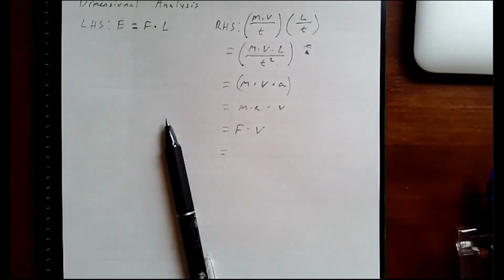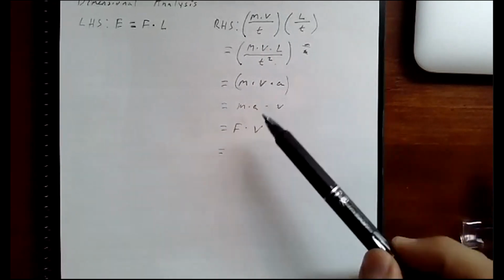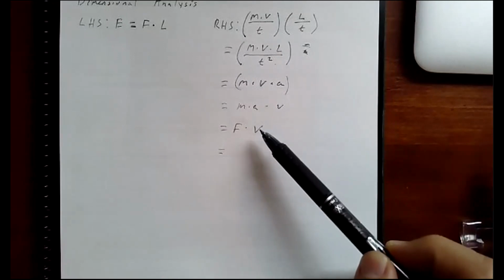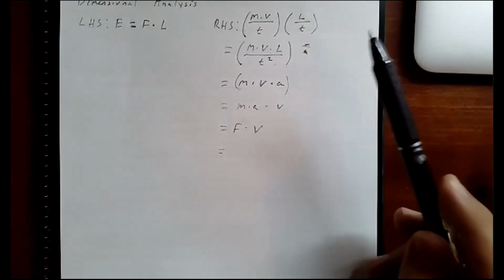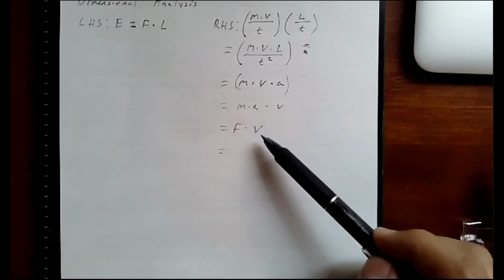But there's no way that's going to work, because this V shouldn't be there. If it was just M over T, then you'd be fine. Because let's see here.